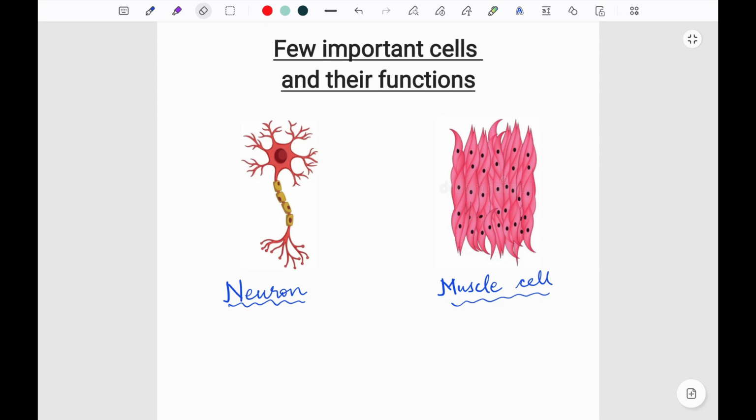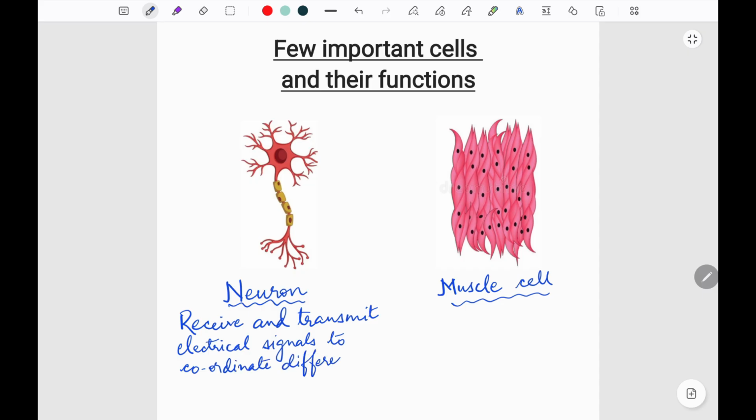The first one is neuron. Neurons are specialized cells that receive and transmit electrical signals in our body to coordinate different activities. About the muscle cells.